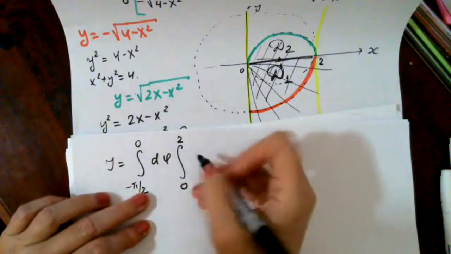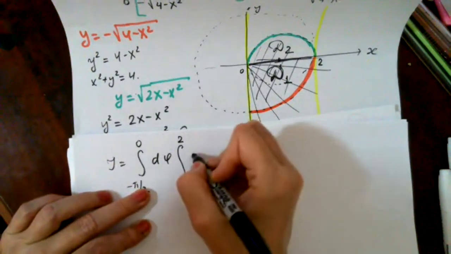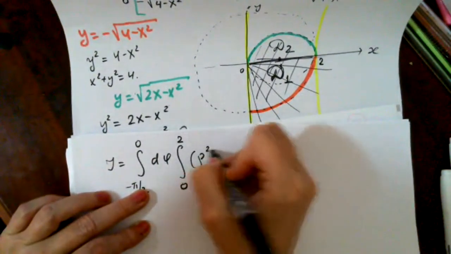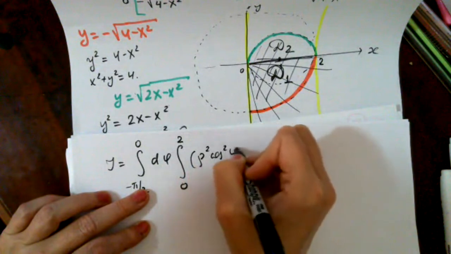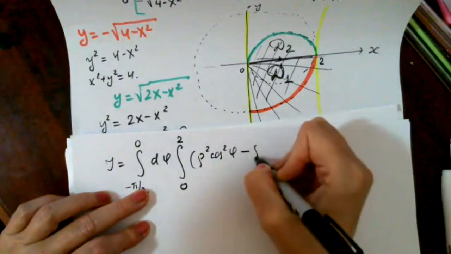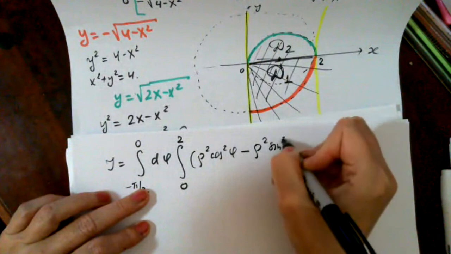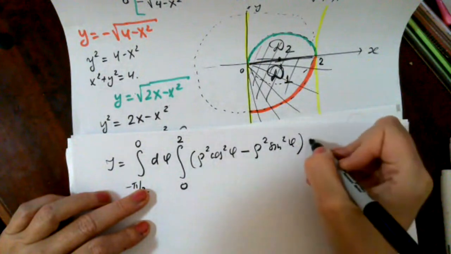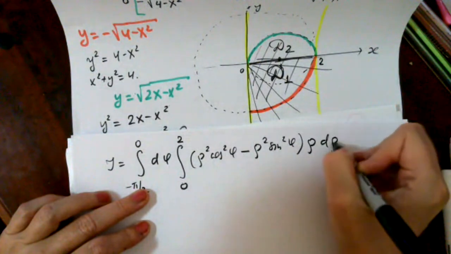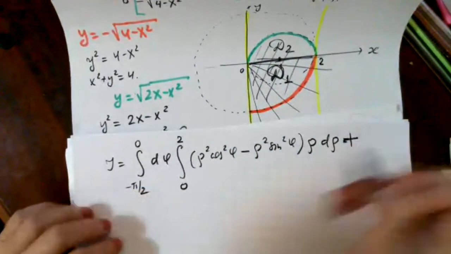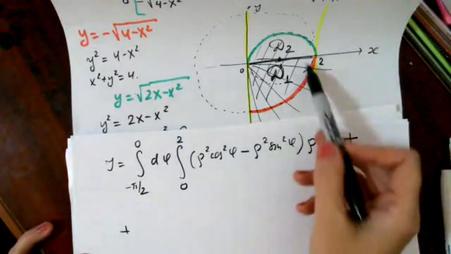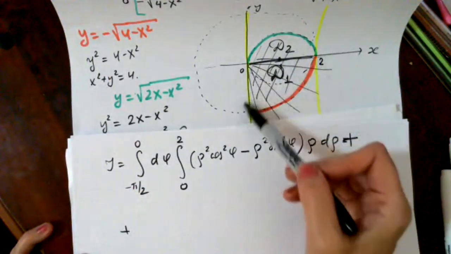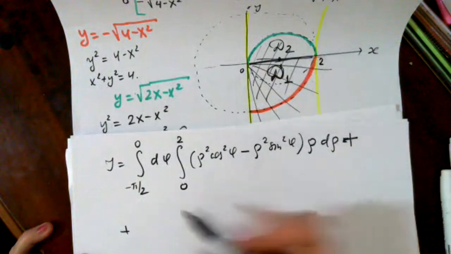And here we need to rewrite our function, x squared minus y squared. So x squared will be r squared cosine squared of phi, and y squared will be r squared sine squared of phi. And I shouldn't forget about the Jacobian r. So this was the first term, the integral written over the first region D1.